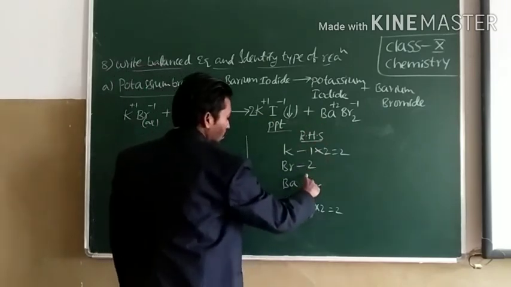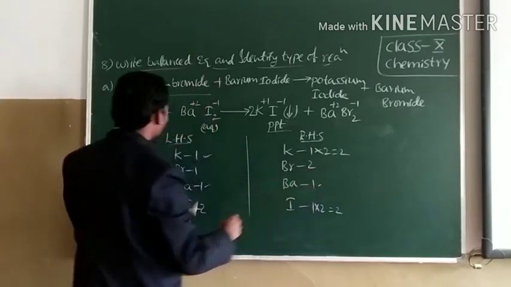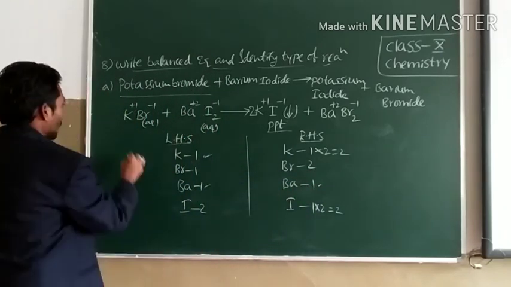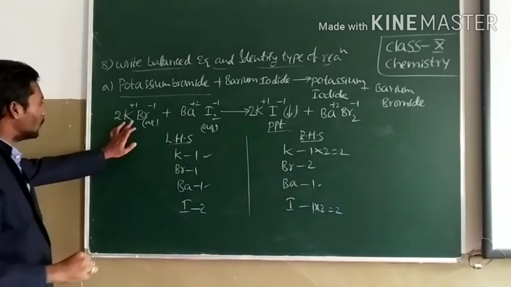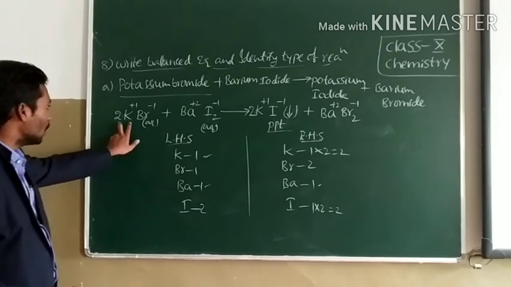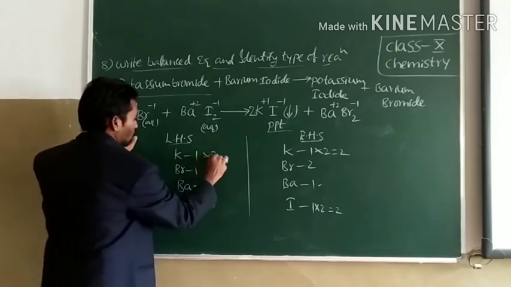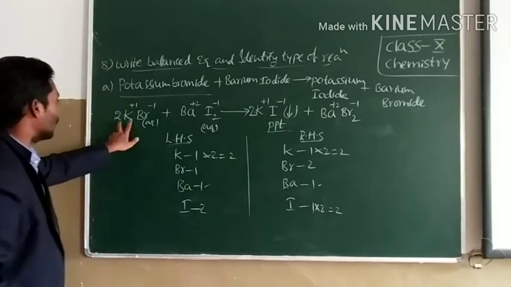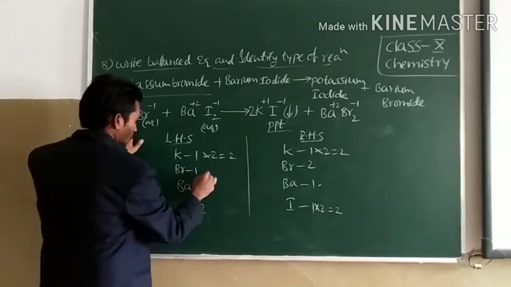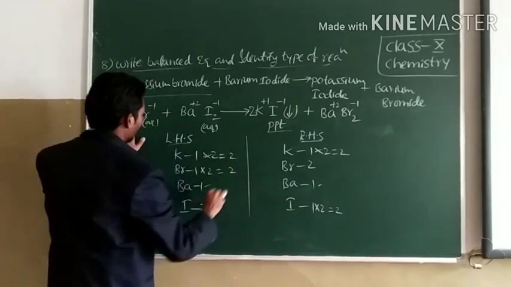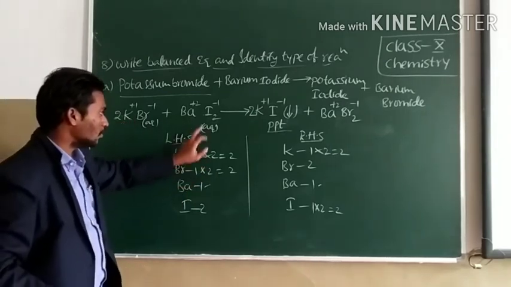Barium atom is 1, bromine atoms 2. On the other side, write 2 before the potassium bromide. Now 2 potassium atoms, and 1 into 2 is equal to 2 bromine atoms. Next, 1 barium atom and 2 iodine atoms.